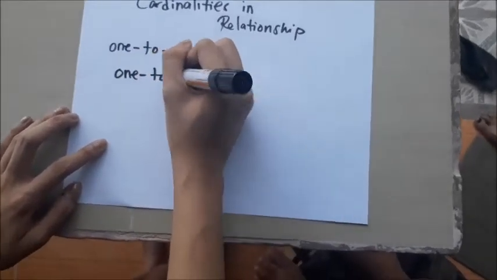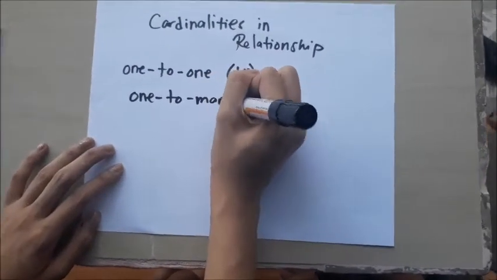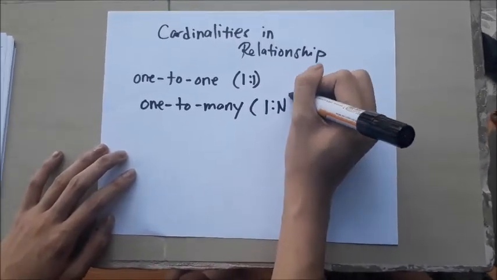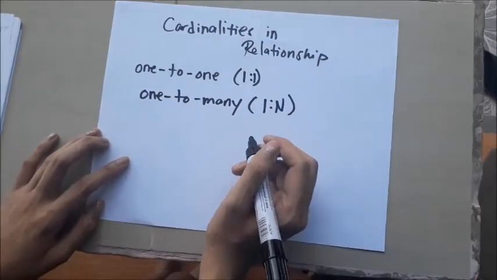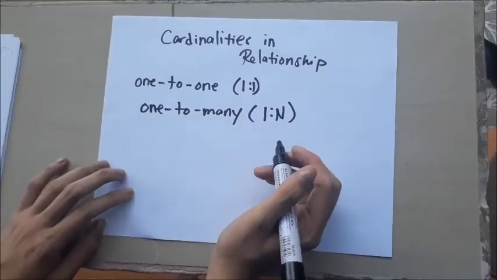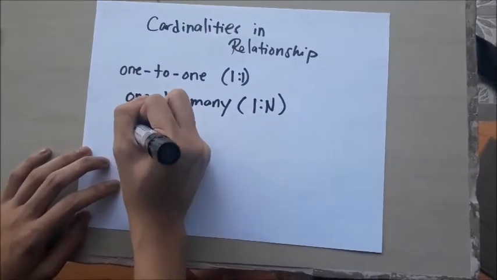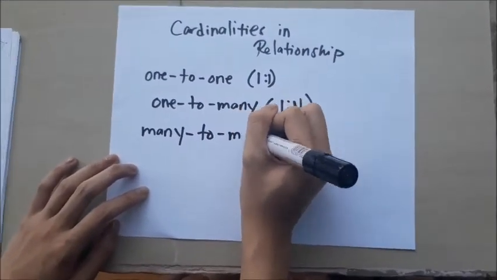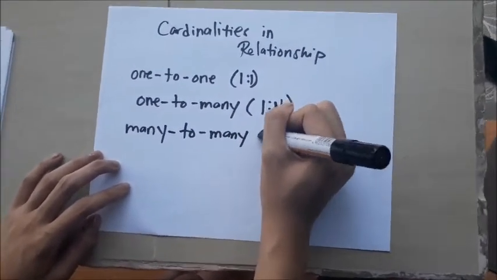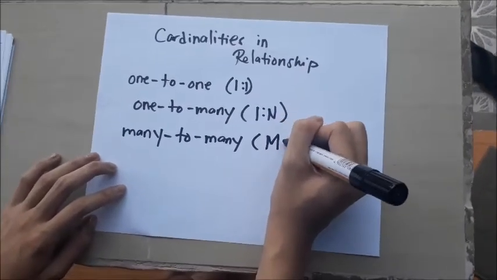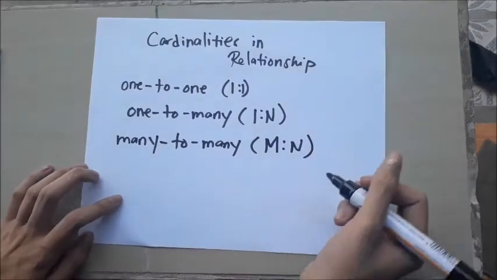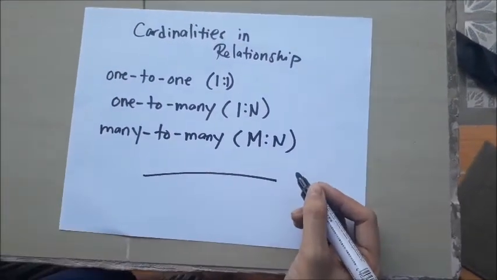The second one is one to many, for example one patient having many histories in the hospital. The third one is many to many. Many to many happens when employees have many projects, and that's it.